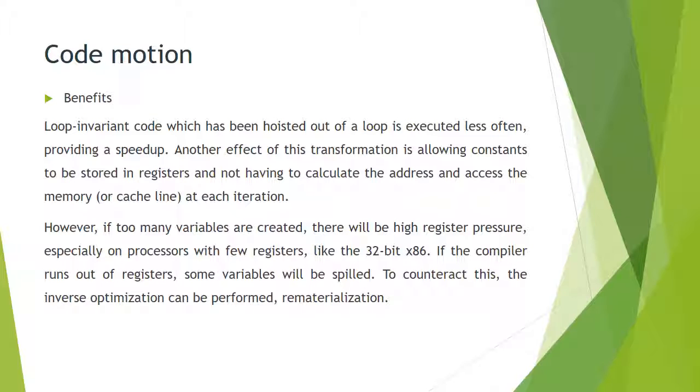However, if too many variables are created, there will be high register pressure, especially on processors with few registers like the 32-bit x86. If the compiler runs out of registers, some of the variables will be spilled. To counteract this, the inverse optimization can be performed, which is called rematerialization.